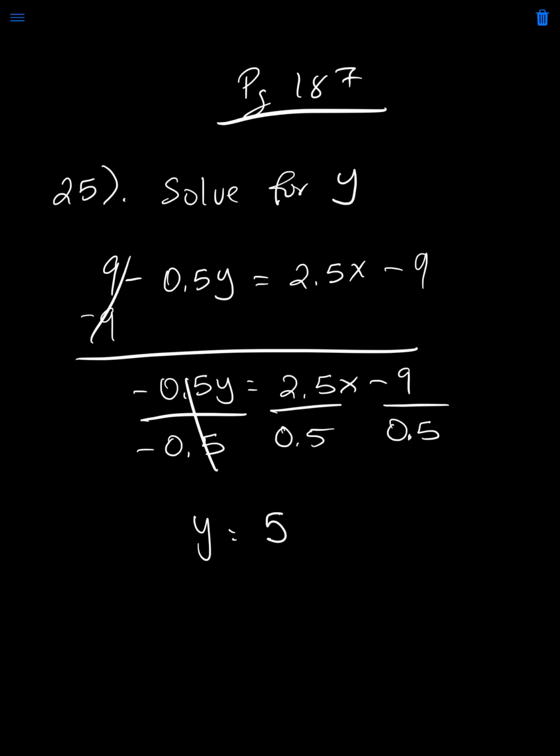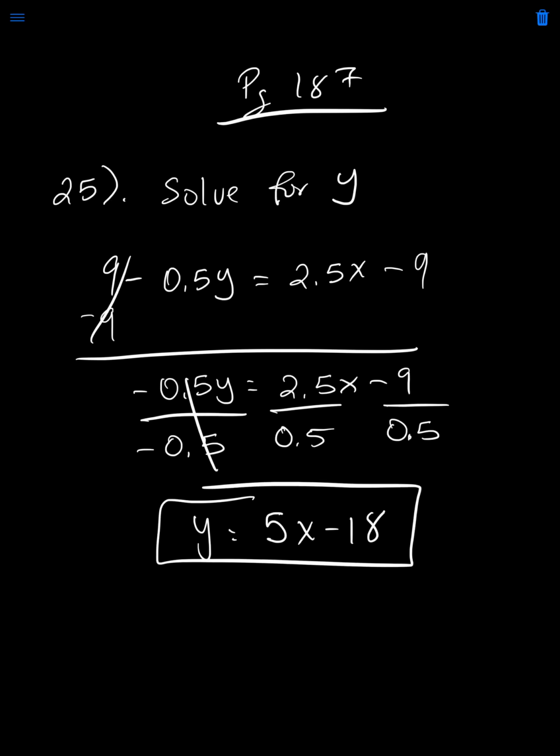I left my calculator, but I have one on my phone, so I'm not going to worry too much. 2.5 divided by 0.5 is just 5x, and 9 divided by 0.5 is just 18. So y equals 5x minus 18.